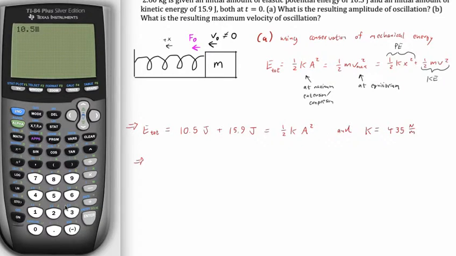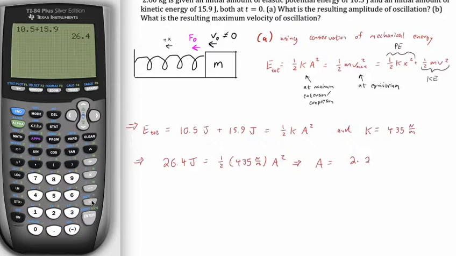So we have 26.4 joules on the left-hand side of the equation, and that's going to equal 1/2 times 435 newtons per meter times amplitude squared. So we'll go ahead and start solving for amplitude here.